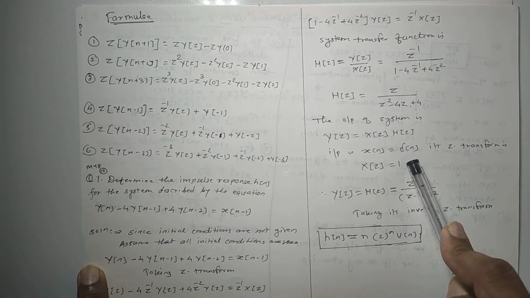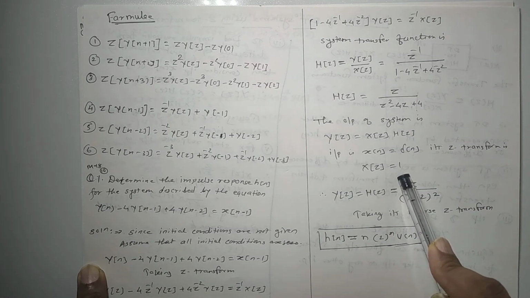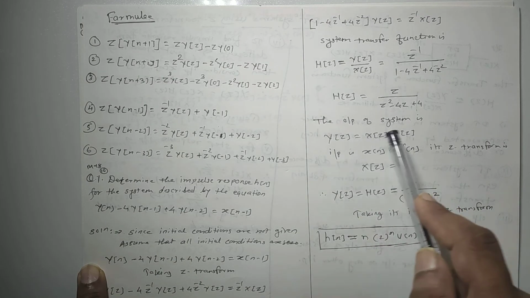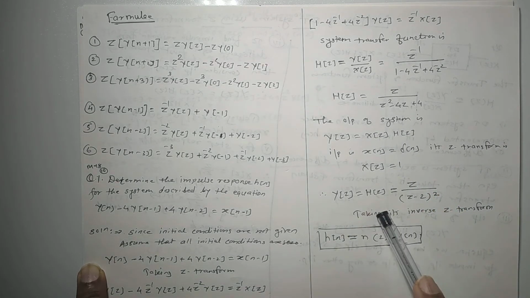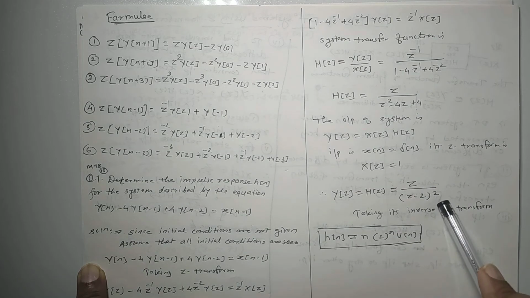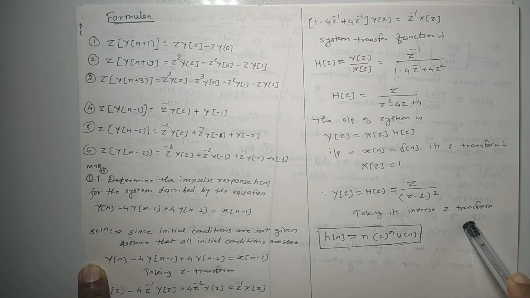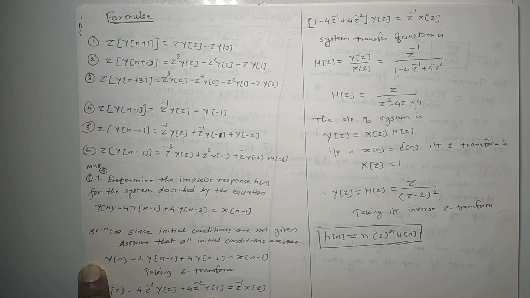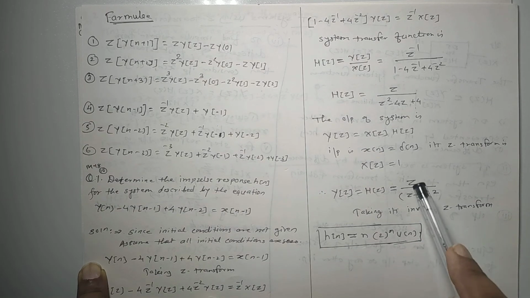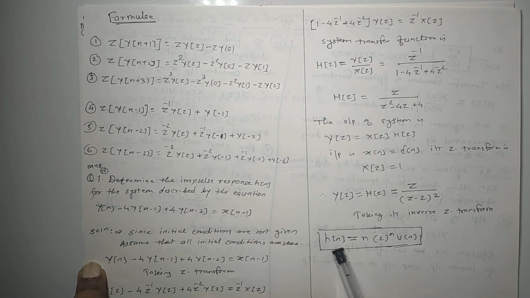So the input to the system is an impulse, and therefore its z transform is 1, and therefore Y(z) is equal to H(z), since X(z) is 1, and this H(z) is z upon (z minus 2) squared. Taking the inverse z transform, the inverse z transform of z upon z minus 2 is 2 raised to n u(n), and here there is a square, which means n will come in multiplication. So here n into 2 raised to n u(n) is the inverse z transform, and this we call the impulse response of the system described by this difference equation.